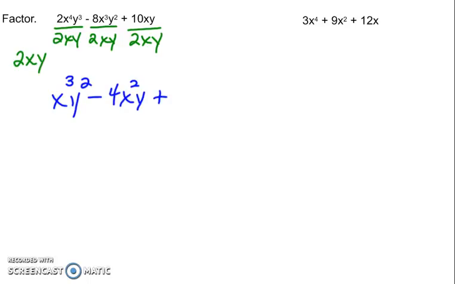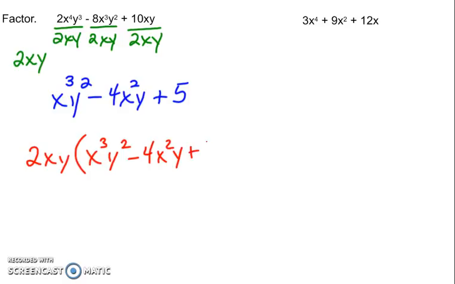Plus 10 divided by 2 is 5. X over x is 1, and y over y is also 1. So our final answer, again, is going to be the GCF, 2xy times x cubed y squared minus 4x squared y plus 5.